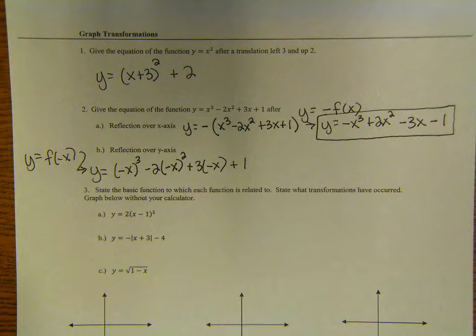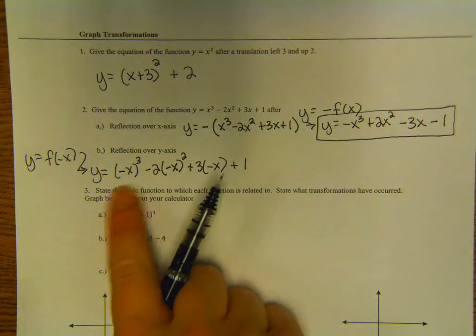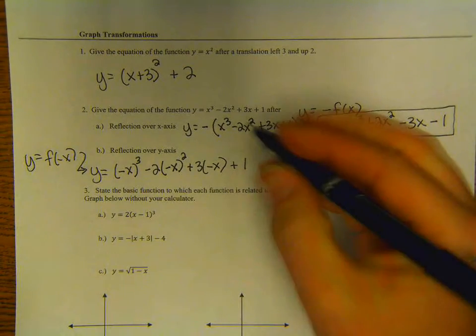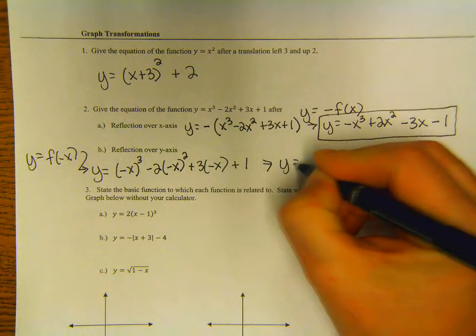Now be careful, remember your order of operations. We want to address the exponents first. And so if you're raising a negative number to an odd exponent, it's still negative, agreed? But if we raise a negative number to an even power, it becomes positive. Okay, so this becomes negative x cubed.